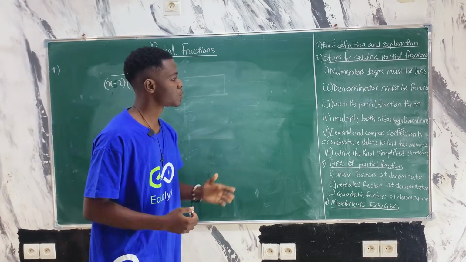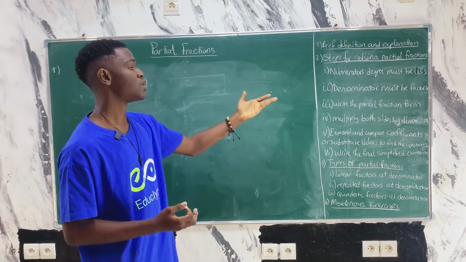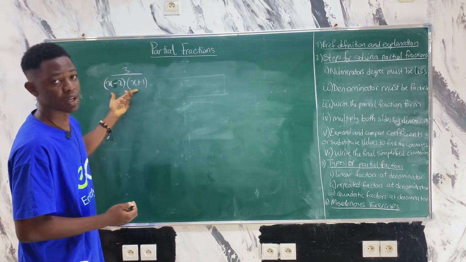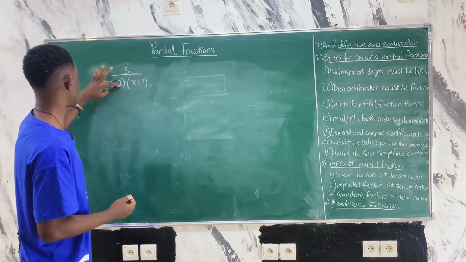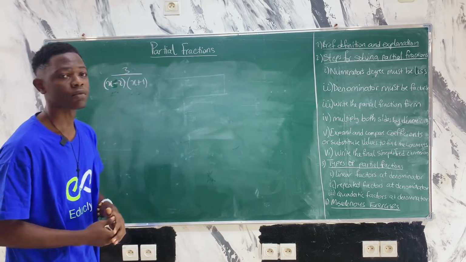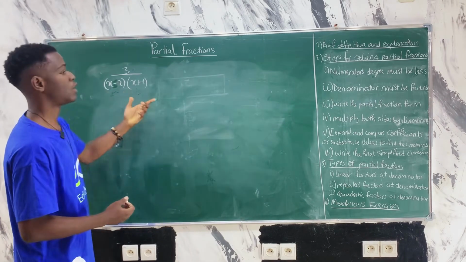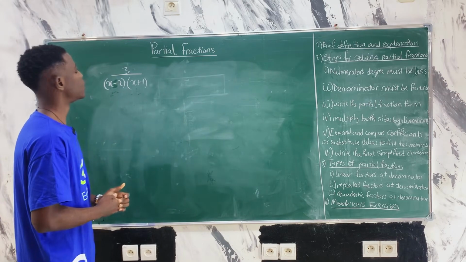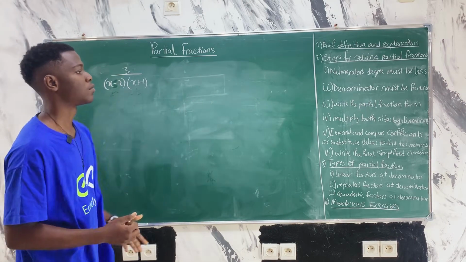The next thing we should make sure is that the denominator is factorized. Here we can see that the denominator is factorized already. We have the two factors x minus 2 and x plus 1. When we make sure that the first two are done, we can go to the solving steps.